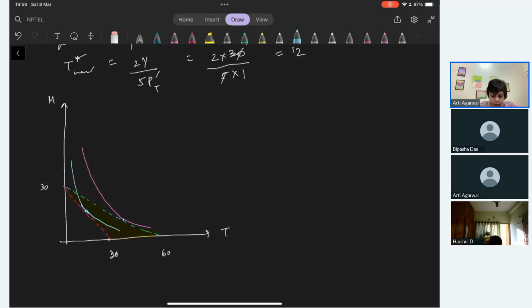Now say suppose I take the same new budget line, the red one, and let me use some other color. I try to draw a line which is sort of parallel to this line. I don't know how to do this. Something like this, okay?